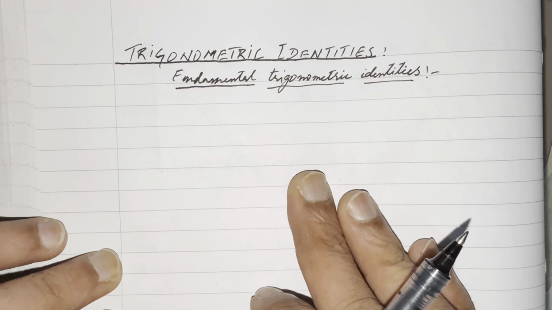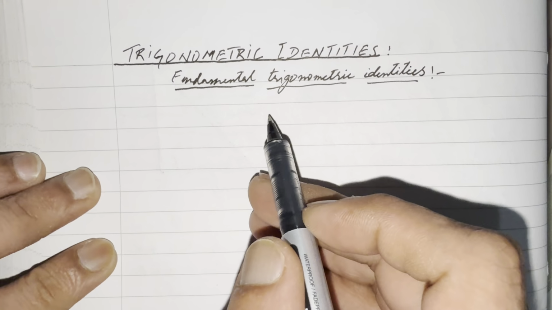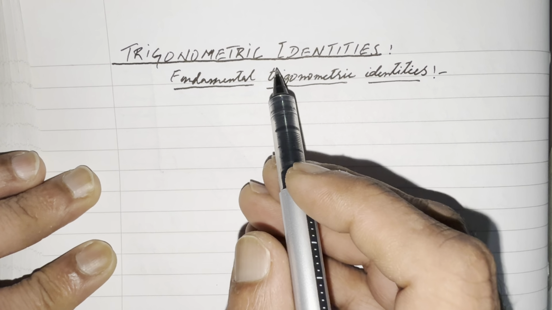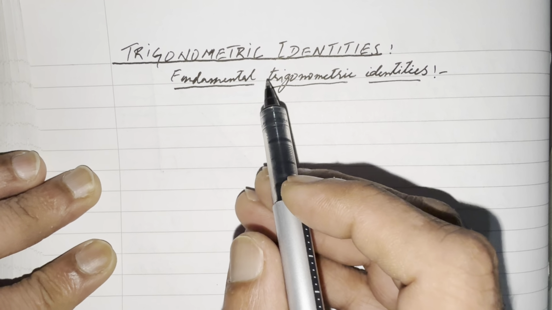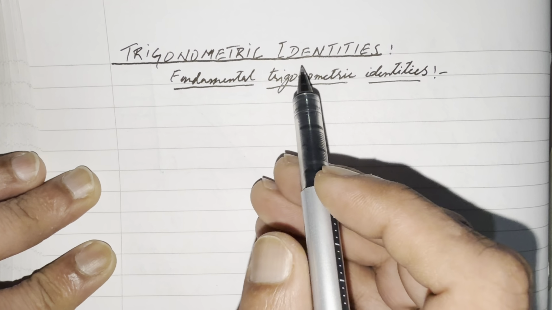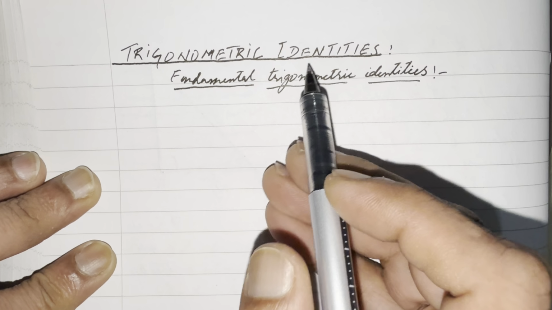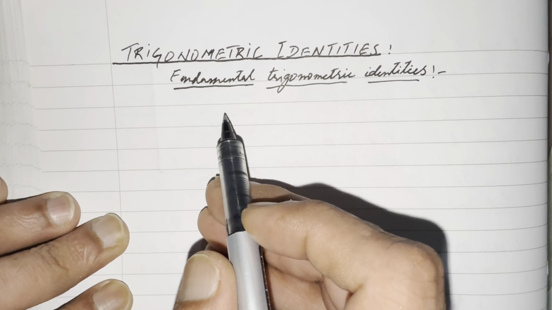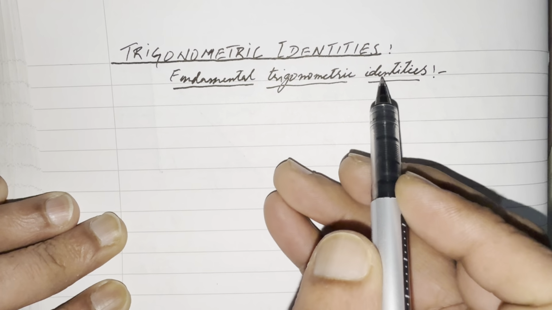So in today's video we are going to find some trigonometric identities that you should know about, these fundamental trigonometric identities. So let's start: what are these fundamental trigonometric identities?